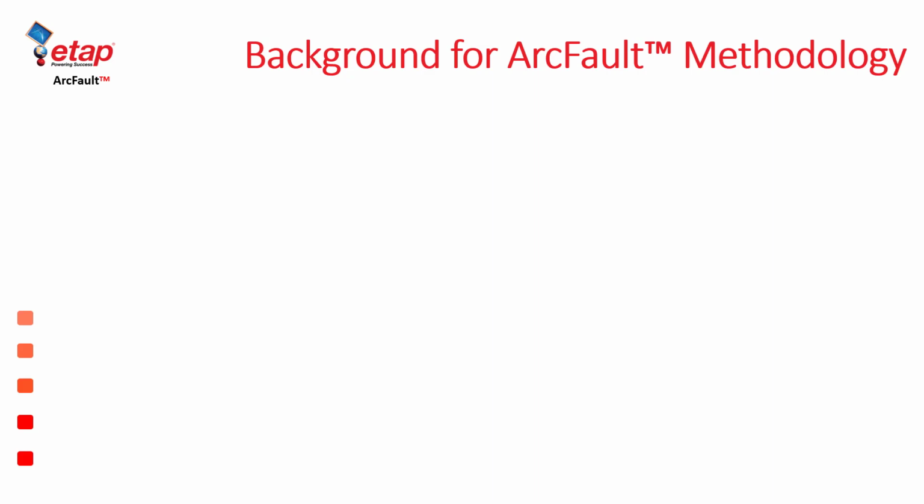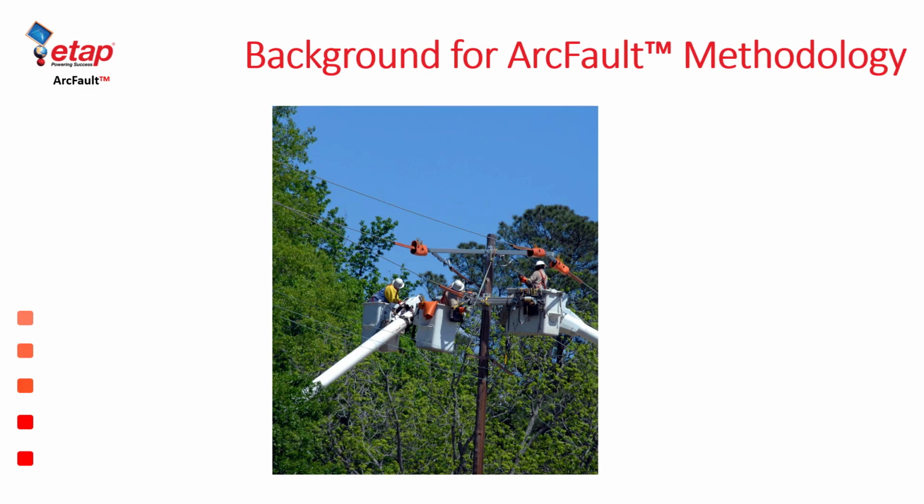So before we get into the modeling of the actual arc and its physical behavior, let's talk a bit about the need for ArcFault. As we all understand, as linemen approach live distribution electrical circuits, either by climbing poles or by approaching them using boom trucks or elevator trucks, these electrical workers approach different arc flash boundaries.